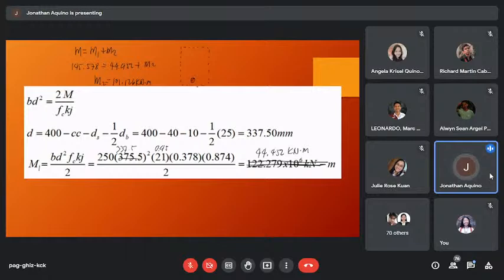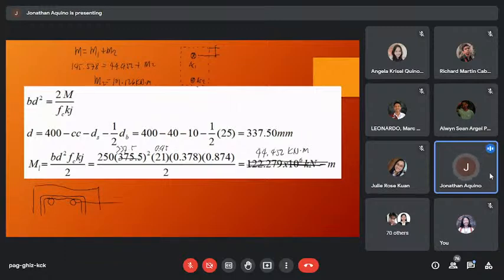So yung As2 saka yung As prime. So this value, d prime. So yung d prime natin, ito yung section, ito yung beam.